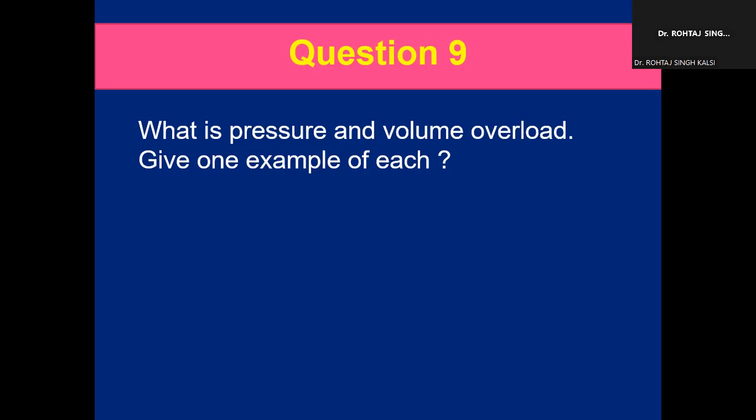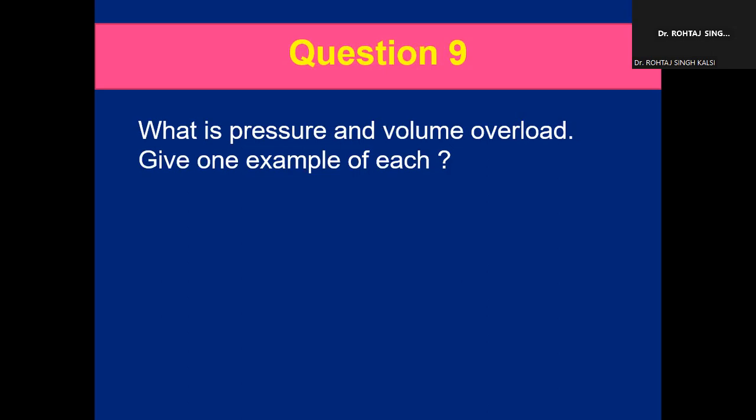In which part of the cardiac cycle? Systolic. And in volume overload? It doesn't bulge. Good answer. When there is a D-shaped bulge during diastole and systole, this is pressure overload. When the D-shaped bulge is only during diastole, it is volume overload.